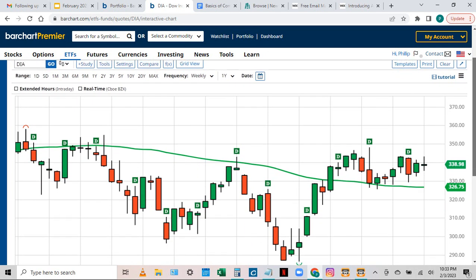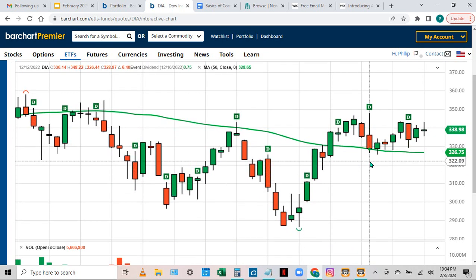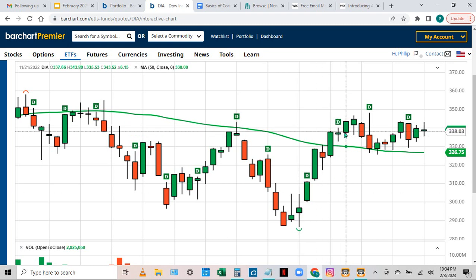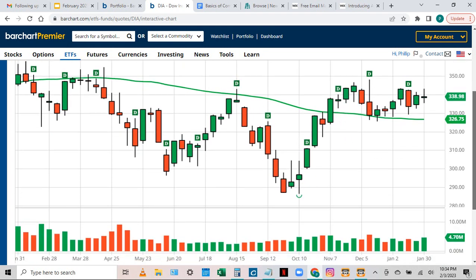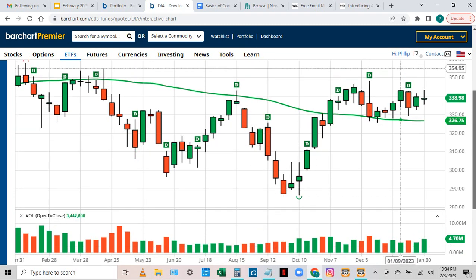weekly time frame of the DIA, Dow Jones Industrials ETF, and we can see we had a very strong January. Okay, actually this isn't January. This is actually going back to October. So the Dow Jones Industrials have been moving up since October.